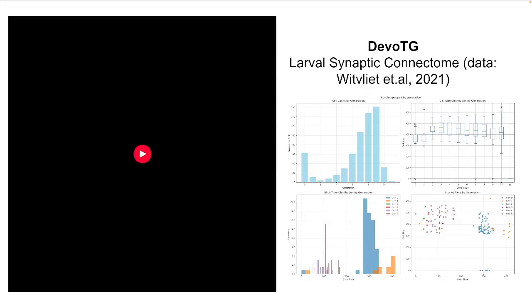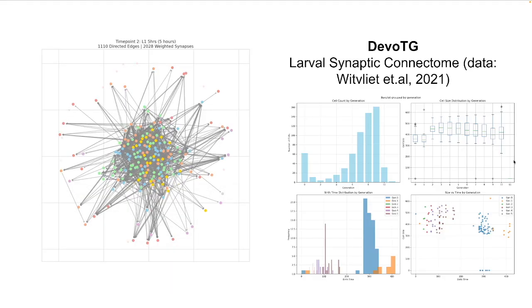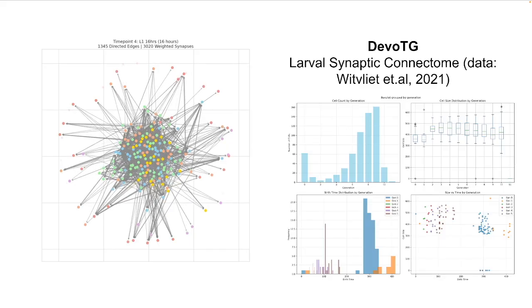These are some graphs that he produced, characterizing the data, validating the data, and then doing some other types of analysis. This is his visualization of the networks. So these networks are growing over time.